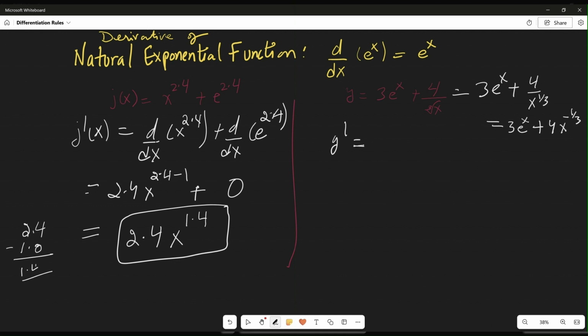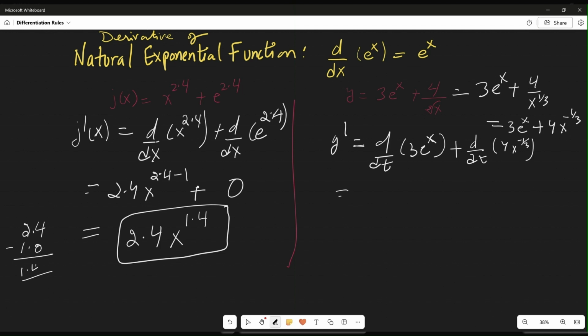So derivative of 3 e to the x plus derivative of 4x to the negative 1 over 3.